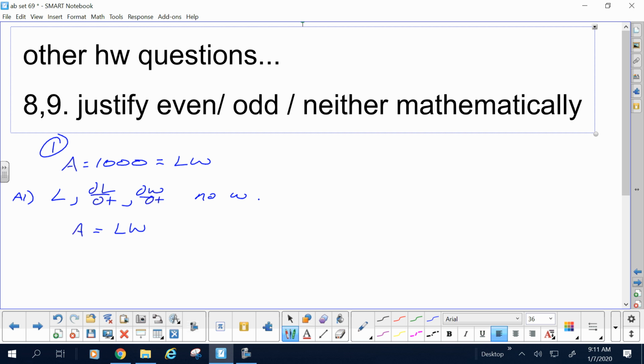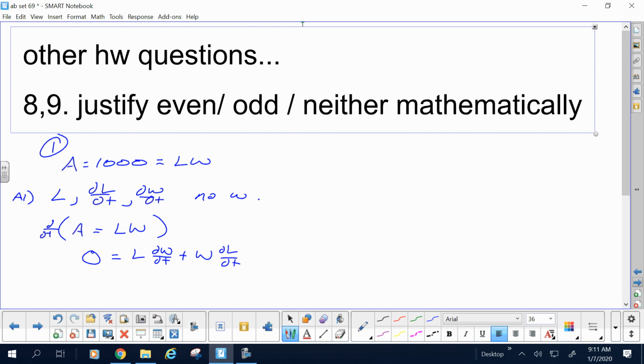All right, so if you differentiate with respect to time, what about the left side? What is dA/dt? 0. Why is it 0? But the area's changing. Yeah, it says the area is not changing, it remains constant. So if it's not changing, it has no rate of change. So it's 0. The right side, that's a product rule. So L dW/dt plus W dL/dt.